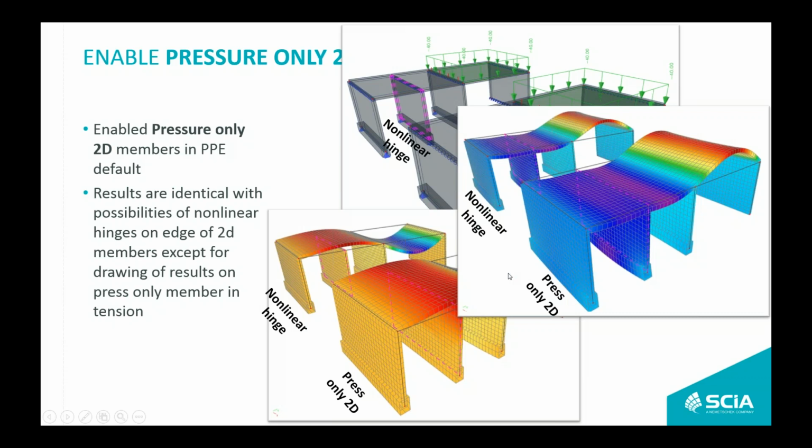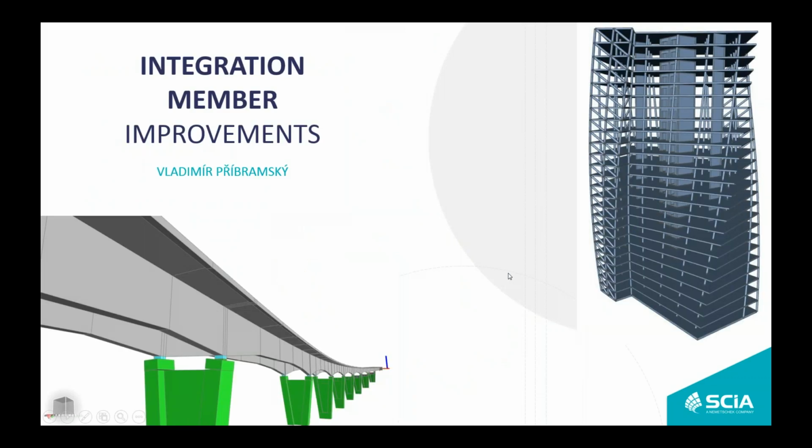Next area of improvement came from improving the integration member. Integration member is an element that was introduced in an earlier version, and it is very useful to integrate internal forces in 2D elements so you can see the internal forces as they would be on a beam.